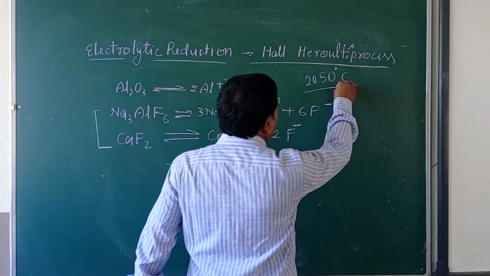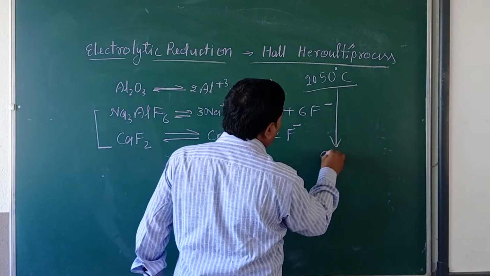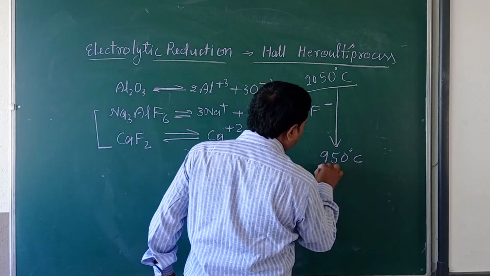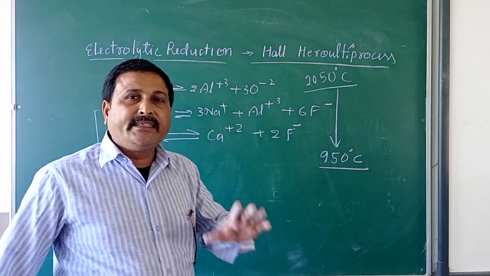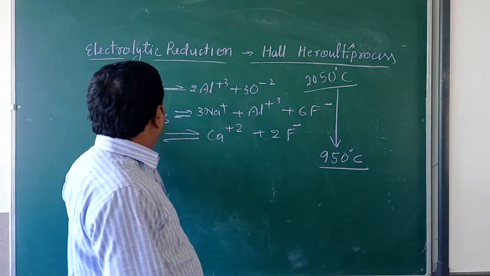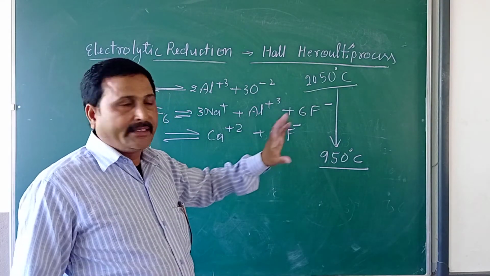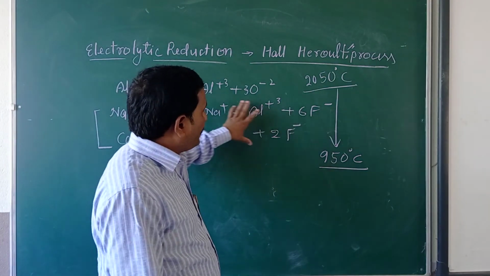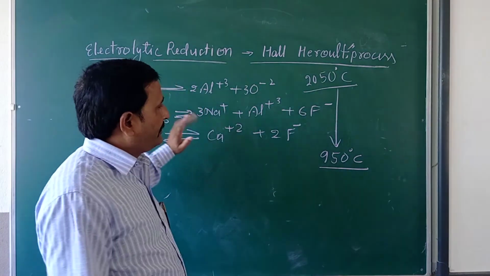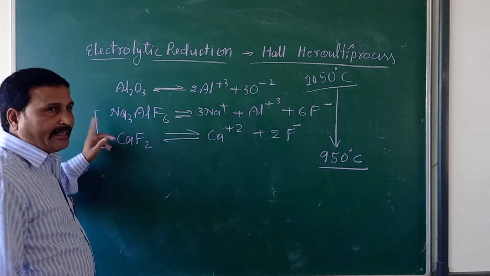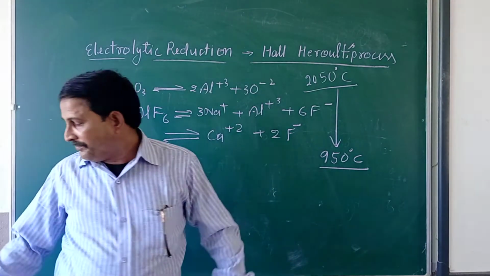They reduce the melting point from 2050 to 950 degrees Celsius and enhance the mobility of the ions, which means it will be a good conductor.